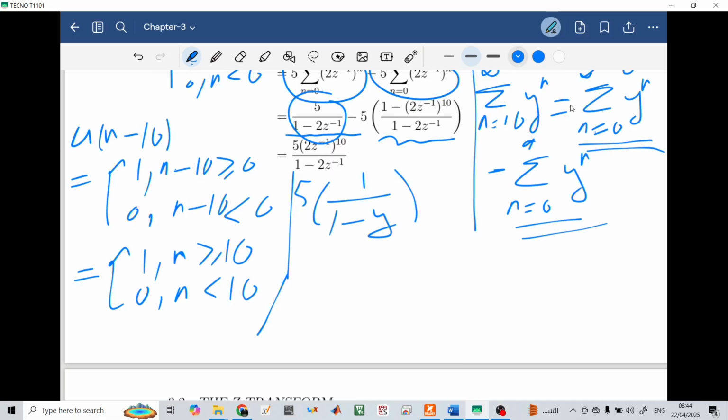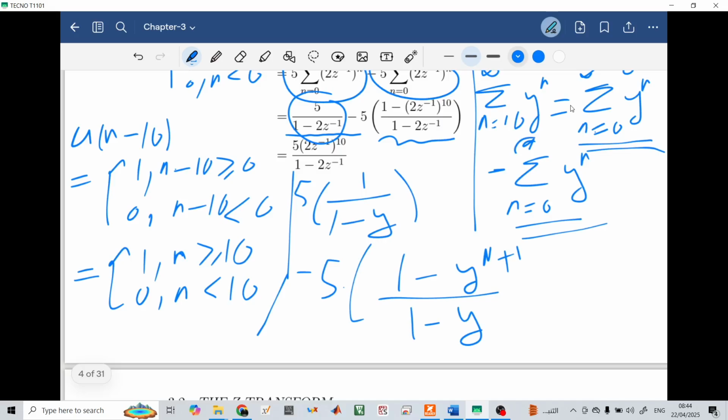And this should be minus 5 over 1 minus y, it's the same denominator, but the numerator is y to the power n plus 1. N is what? N is 9, so it would be 10, right? So when you plug in the correct values of y and n, you arrive at this big expression. With some algebra, you can simplify it into this form.